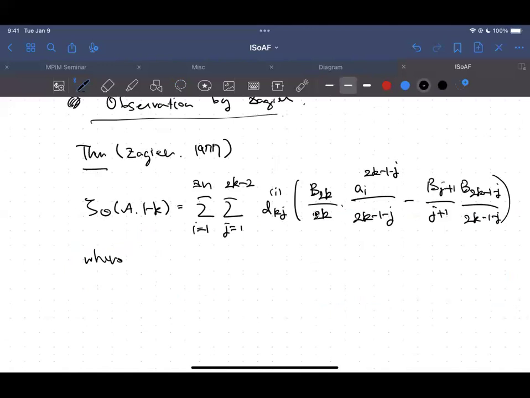the i, k, j and a_i, which sit here and here, these are certain explicit integers, which are defined by the continued fraction expansion of a real quadratic irrational.